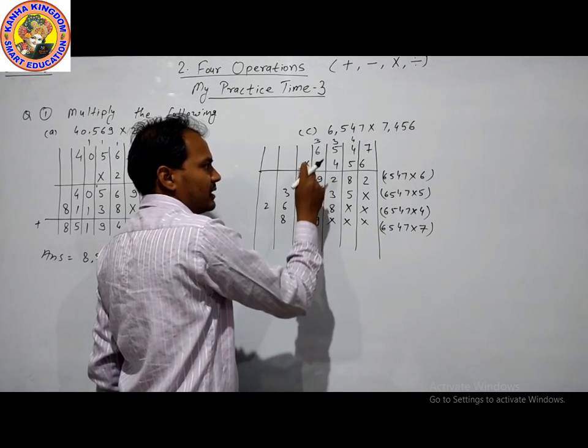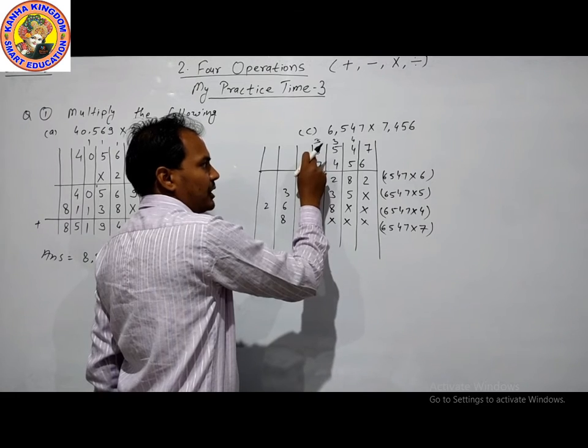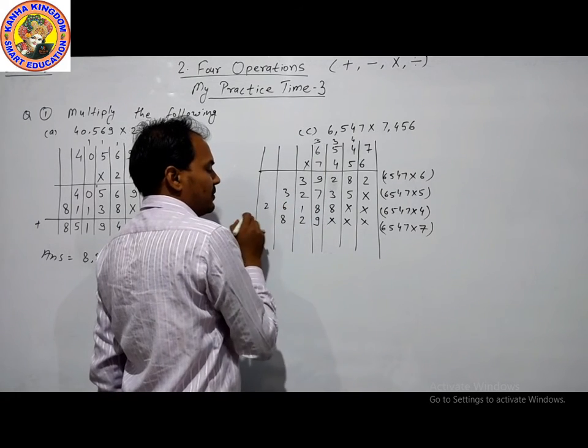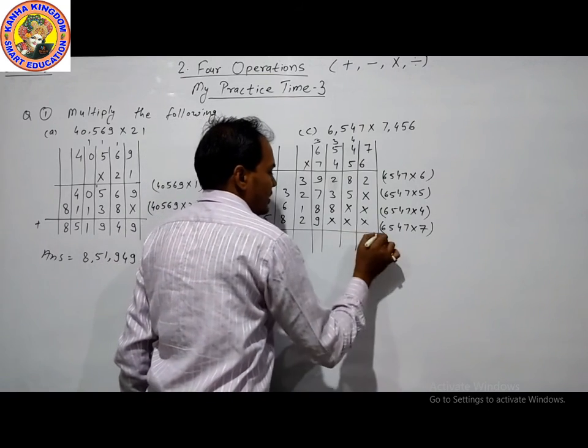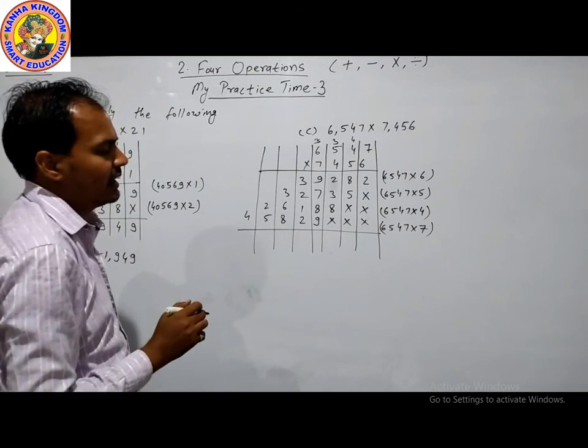This is our 38. 7 into 6, 42 plus 3, 45. The multiplication is over. Now we will add these numbers.